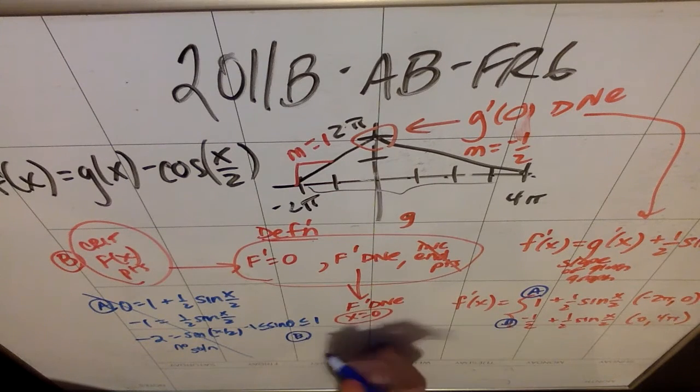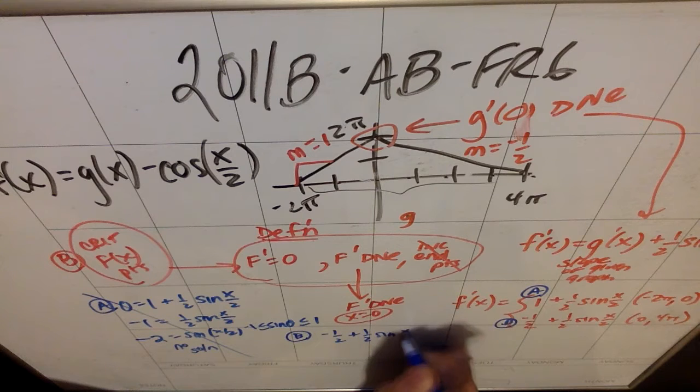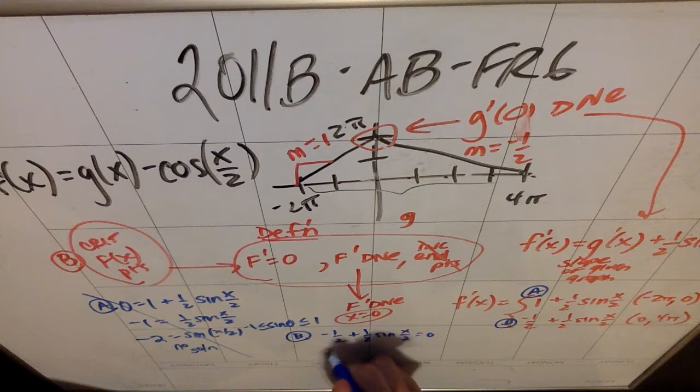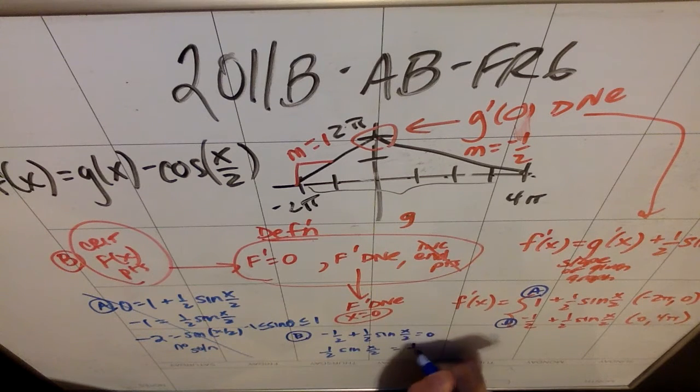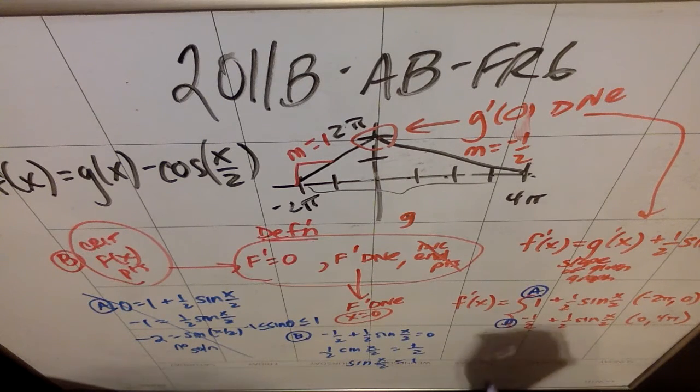The second one is negative 1/2 plus 1/2 sine of x over 2 equals 0, right? If I move the negative 1/2 over, I get 1/2 sine of x over 2 equals 1/2. I divide by 1/2, and I get that sine of x over 2 is 1, which totally can happen, and does happen at pi over 2 on the unit circle.